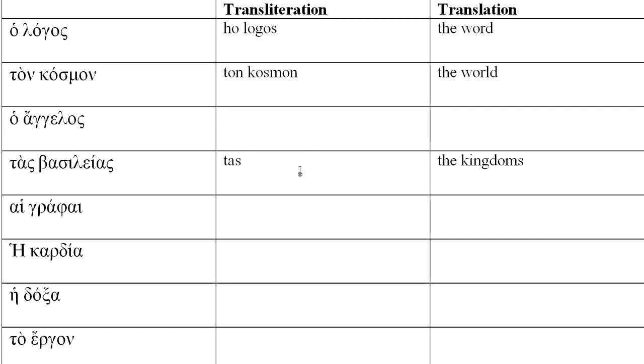This would be tas basileas. If I could type. Again, once you learn them, they're useful, for instance, when you read a commentary that doesn't have Greek fonts. But once you learn the Greek, the transliterations are less important. Okay, I'll leave the rest of these for you to do.